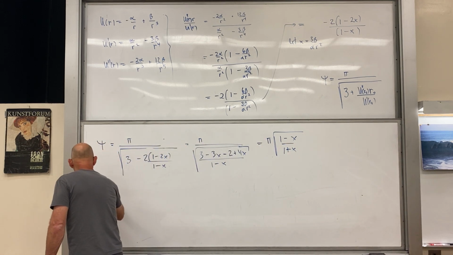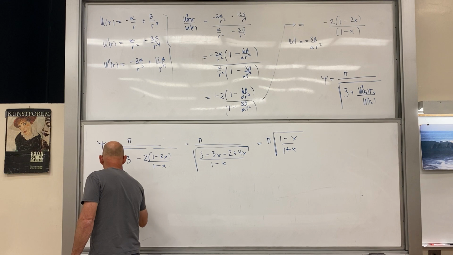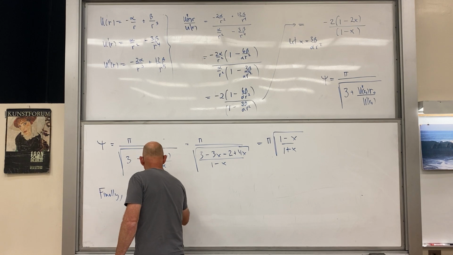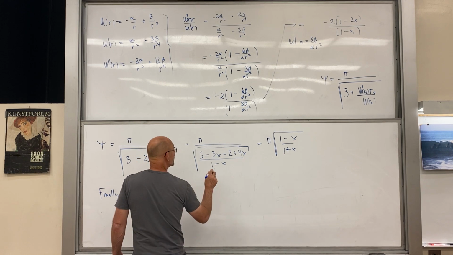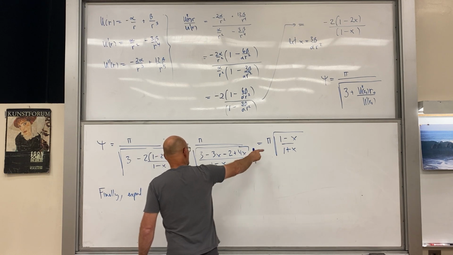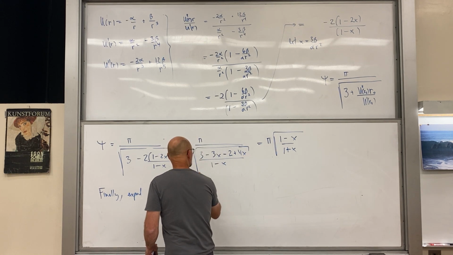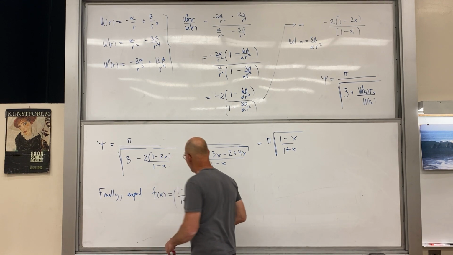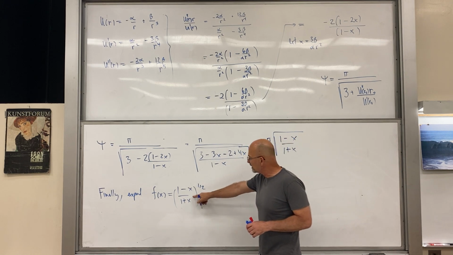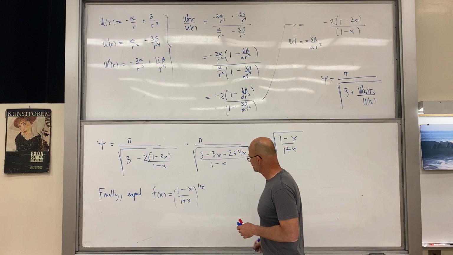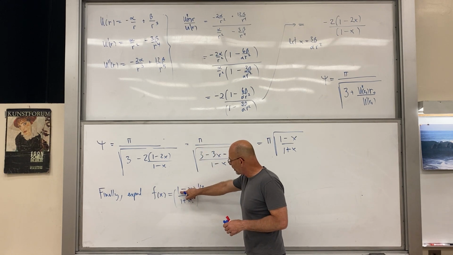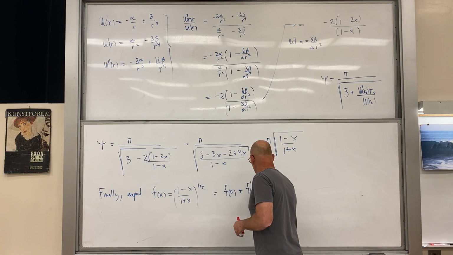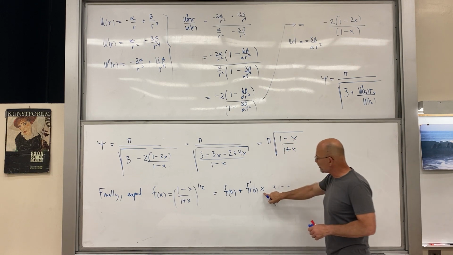So finally, expand f of x equals, in fact, we'll take pi out, 1 minus x divided by 1 plus x to the 1/2 power to first order. That's going to be 1 plus some constant times x. F of 0 is 1. It's going to be f of 0 plus f prime of 0 times x, and that's all we want, that first term.